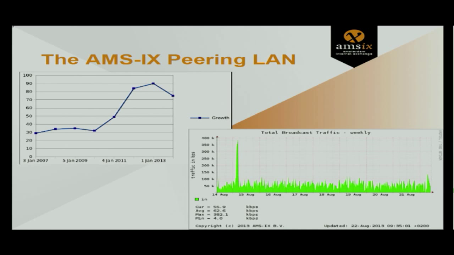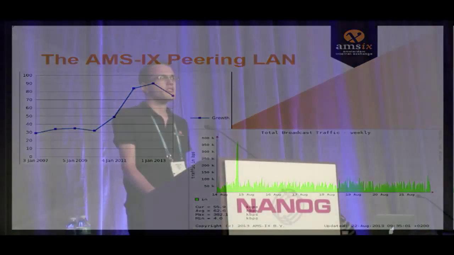And obviously all these routers need to talk to each other, and for that they use ARP. So we see quite a bit of ARP broadcast traffic on the exchange. The base rate is about 60 kilobits per second, but that is with our ARP sponge activated, which I will talk about. In case of an outage, it might be even more.